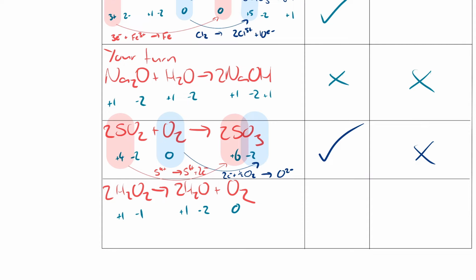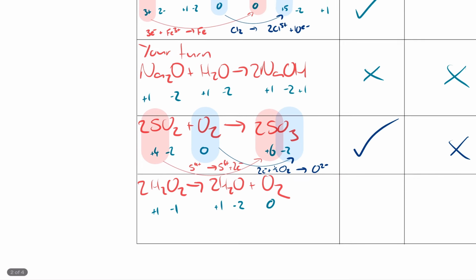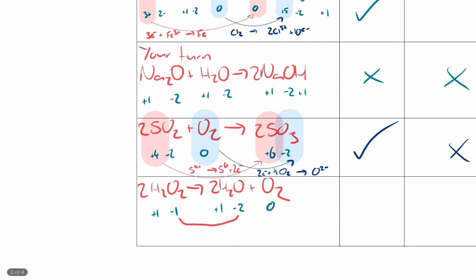So let's say half O2, or not even half O2, my apologies. We've gone from O -1 to O2-, therefore we have gained electrons, right?